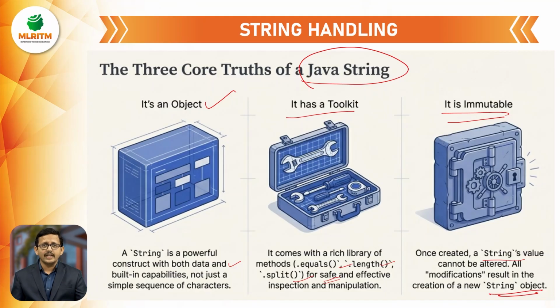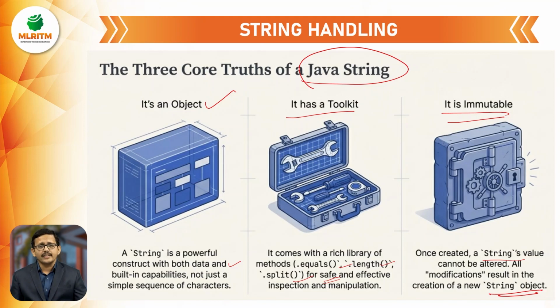I will reiterate once again: in Java, unlike other programming languages, a string is an object. That is the first point. Second, it has its own built-in methods to act upon the object as well as the contents of the string object. And third, the most important one, the string object is immutable. That means once you create a string with certain characters, it is not going to change.